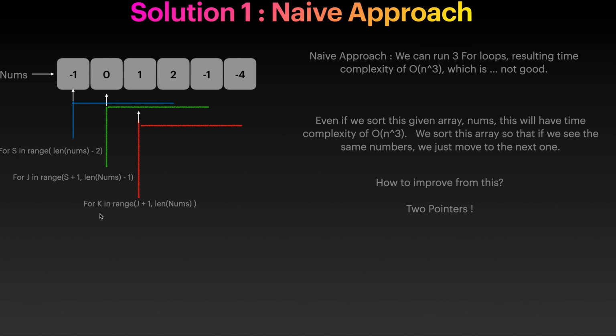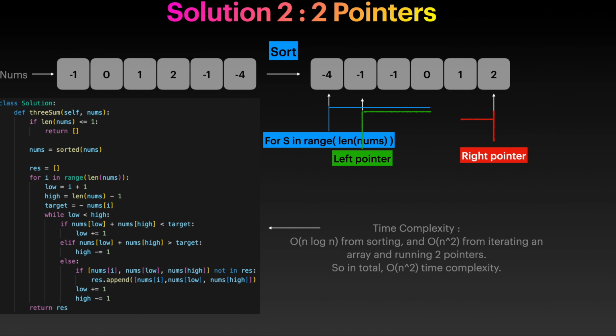We just have to give the values of these numbers. So that means we can make a change to our input array. We can sort this array first, and then we can apply two pointers. So that's the improvement from this one.